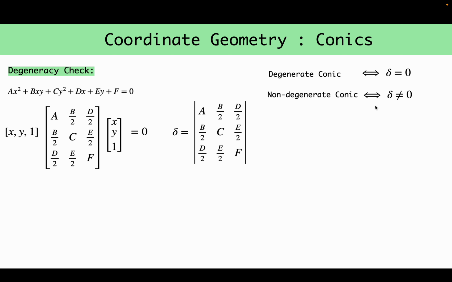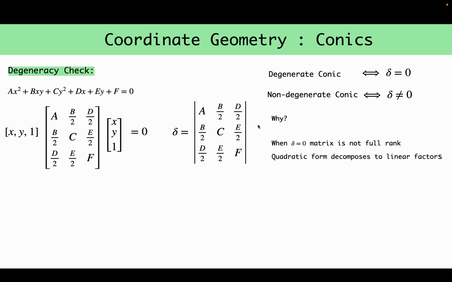So only when the conic determinant, delta, is not equal to 0, or when it is a non-degenerate conic, we get a perfect shape for a circle, ellipse, hyperbola and parabola. If delta is equal to 0, then it will be a degenerate conic, which means it will condense to either a line or a point or an imaginary shape. So this condition determines whether it will form a proper conic or not. And what is the intuition?